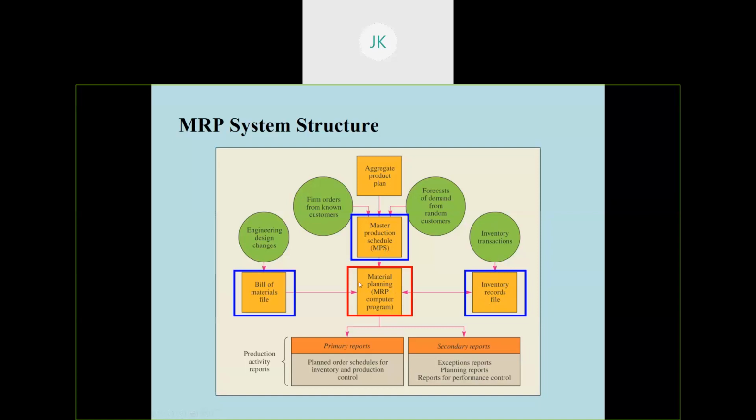Using the three required files, the MRP system produces a primary report showing how many parts, when, and where. And sometimes, if there is an exception, such as a sudden demand change, it produces a secondary report, an exception report.